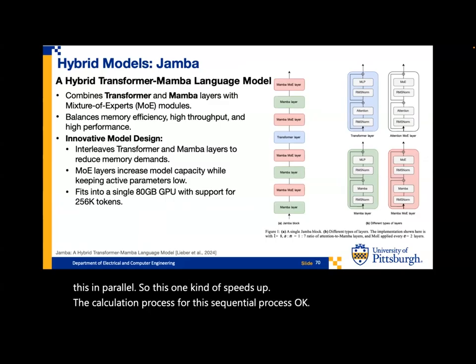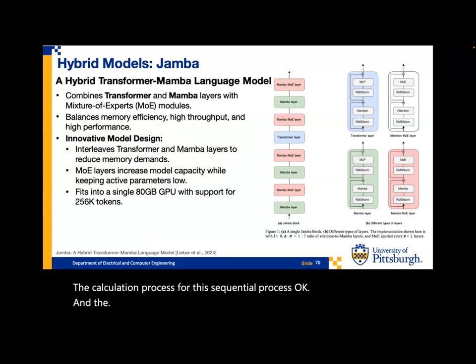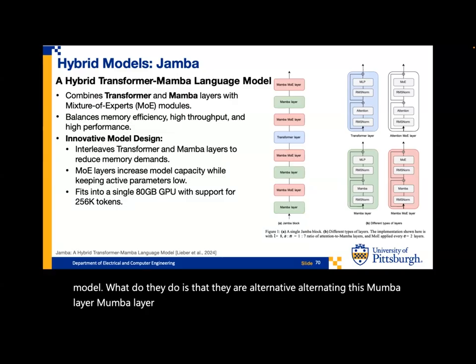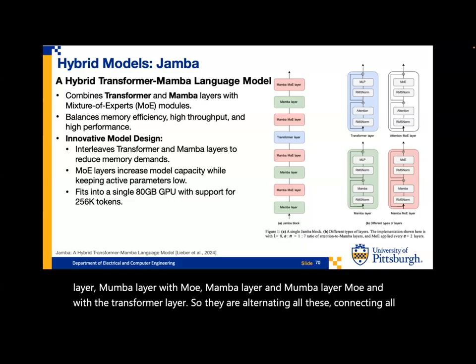And finally they have this hybrid transformer Mamba language model. What they do is alternate the Mamba layer with MOE, Mamba layer and Mamba layer MOE, with the transformer layer. So they are alternating all these layers and connecting them together.